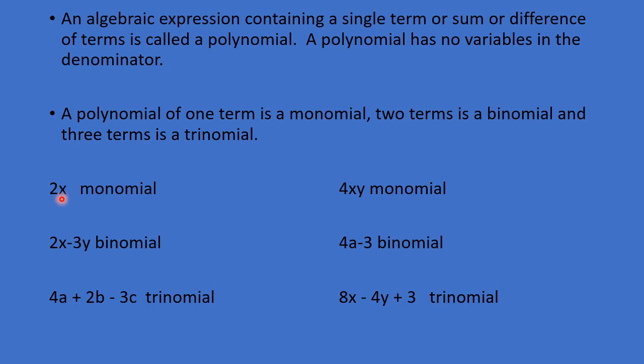So if you have a 2x, that's just one term. That would be a monomial. 2x minus 3y, there's two terms there, so that would be a binomial. And 4a plus 2b minus 3c, that's a trinomial because there's three terms there. And over here's a few more examples of those.